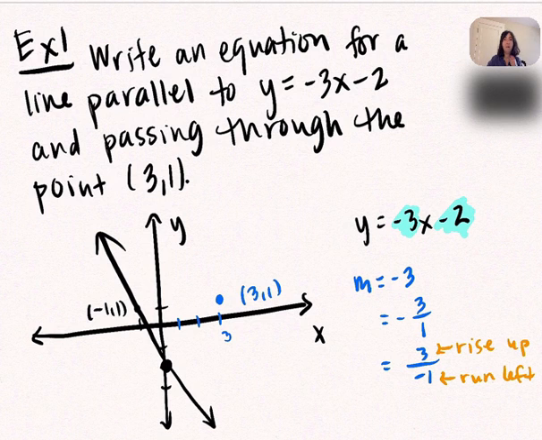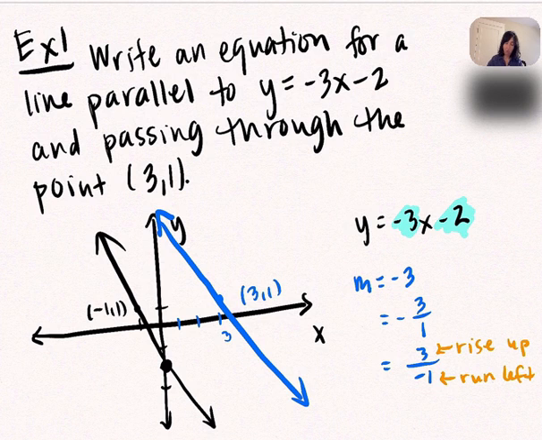Now, visualizing what's going on here, the idea is they want us to find an equation for a line that passes through this point and is parallel to the one in the picture here. In other words, it's going to look like this. It's going to go through 3, 1, and it's going to be parallel to the black line. Now, what does it mean to be parallel?